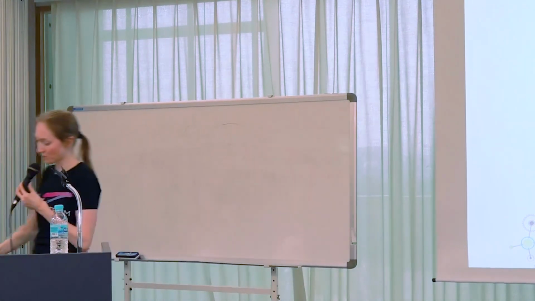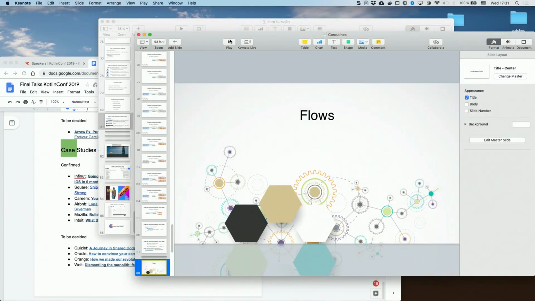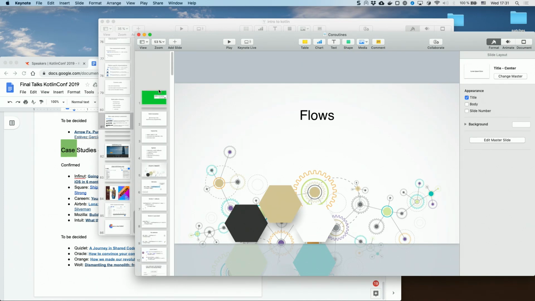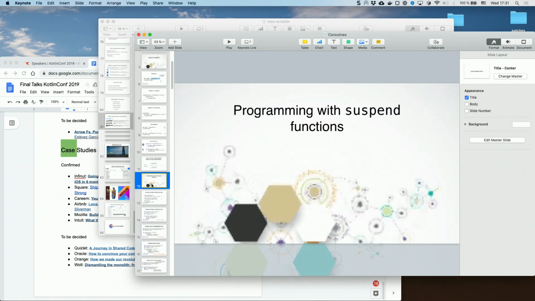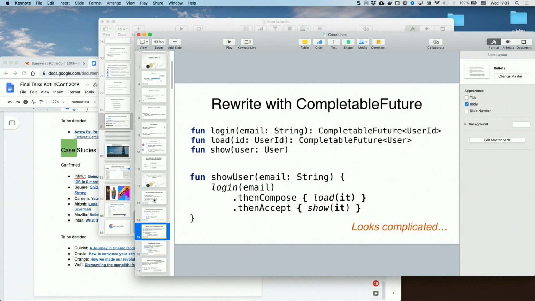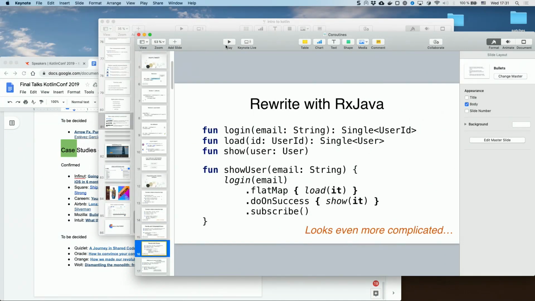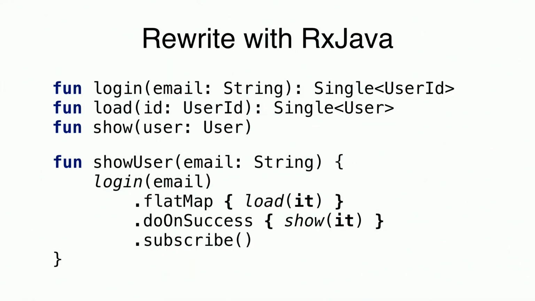So the code that you can write in a simple way, line by line, like my show user example, with reactive streams looks really complicated. I mean, this one we can rewrite with reactive streams.